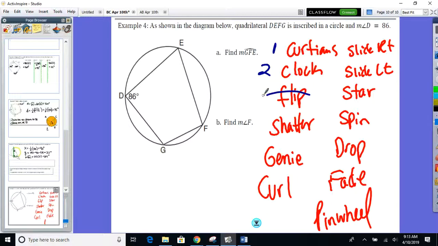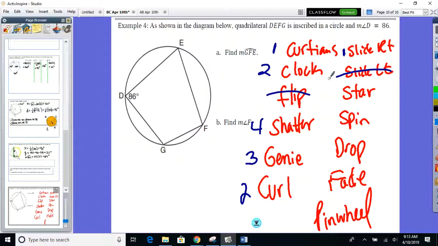Shatter. Genie. The fact that I take time out every time to vote on what the next slide is going to be is unbelievable. Curl. Slide right. Slide left.